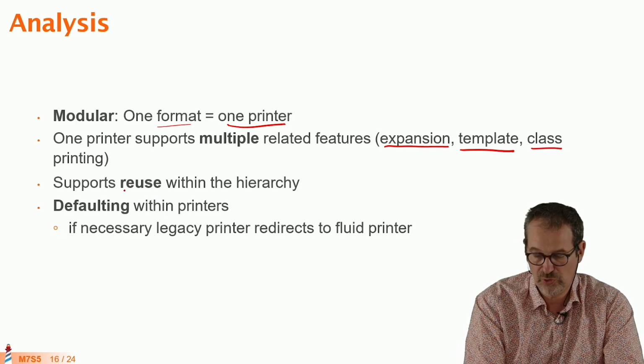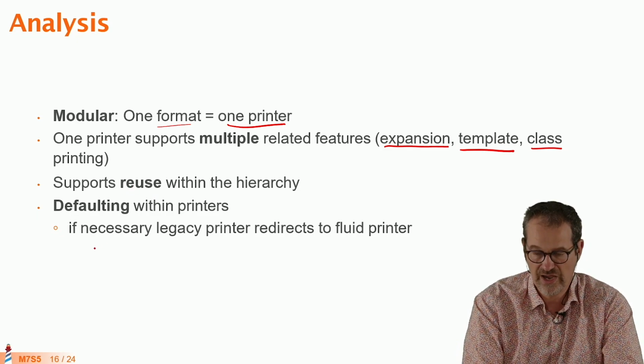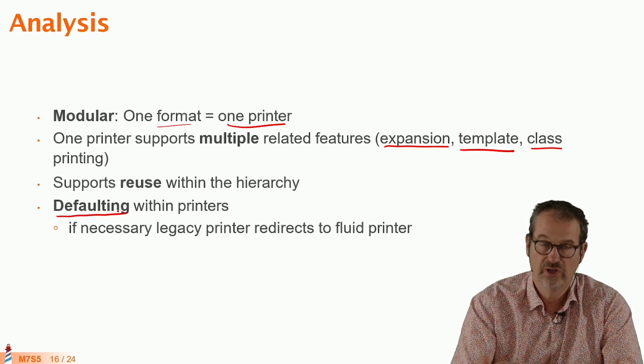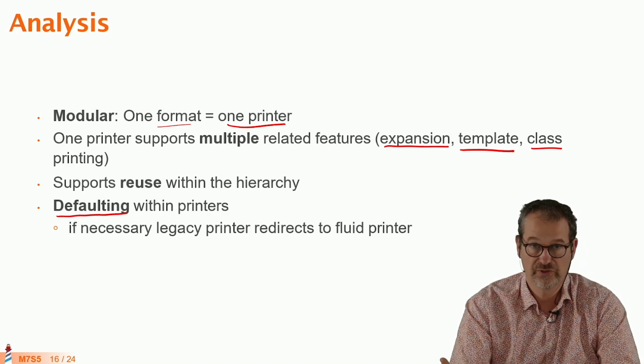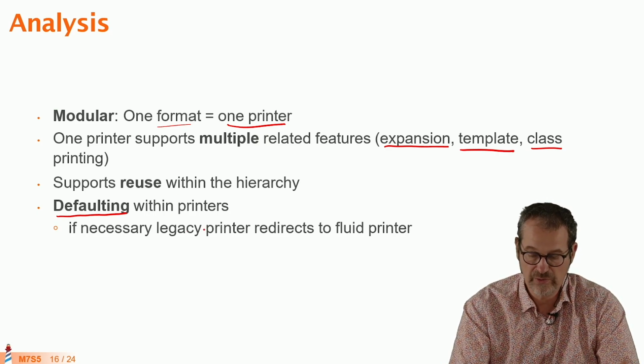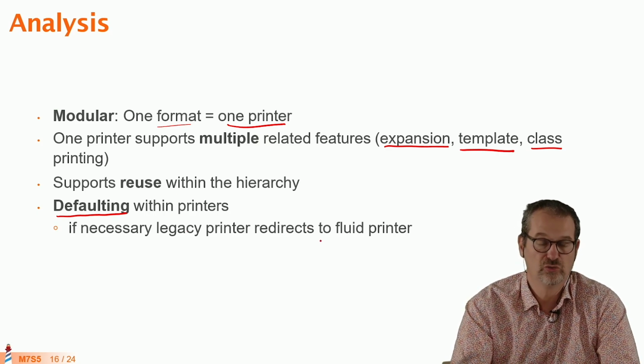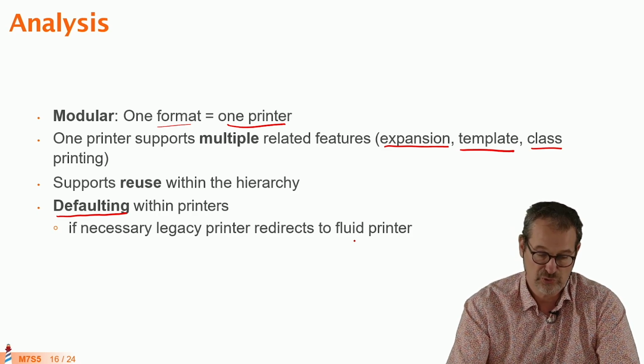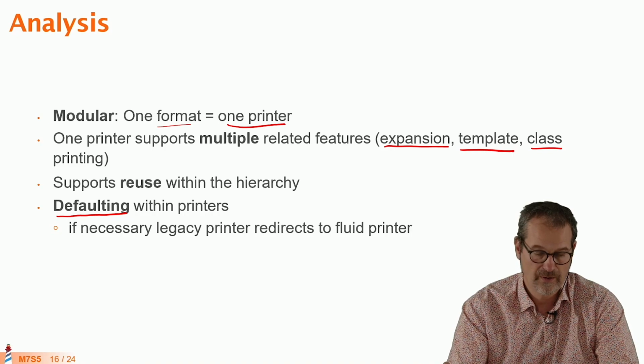There is also support for reuse within the hierarchy of the printer, and the possibility to have a default way of managing printers. For example, if I have a problem, the legacy printer will just say, no, I don't know how to do it, you have to use a fluid printer. And like that, it also supports the evolution of the domain and the language from that perspective.